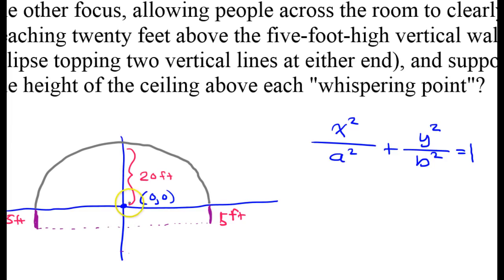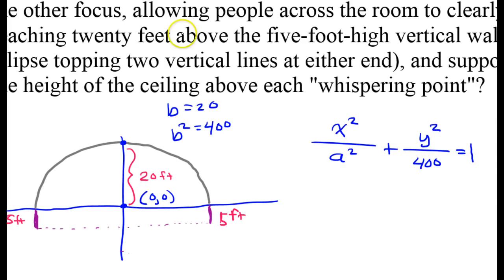But the b value, we do know. b is 20, because the b value is the distance from the center to a covertex, and that's what this point on the ceiling is. So b is 20. That means that b squared is going to be 400. So I can put that into my equation. That moves me one step closer to having a complete equation, because this is going to be 400.